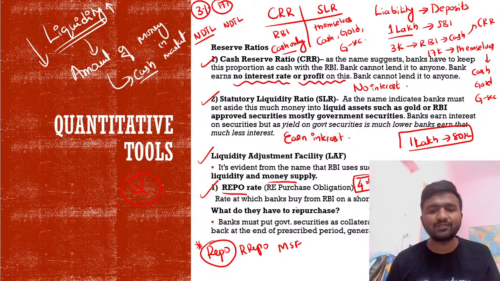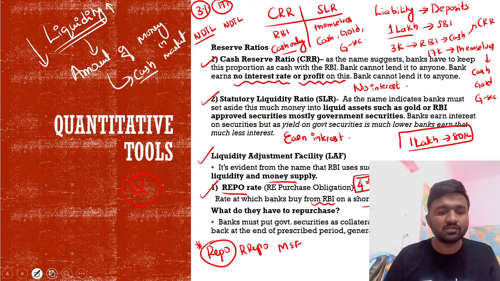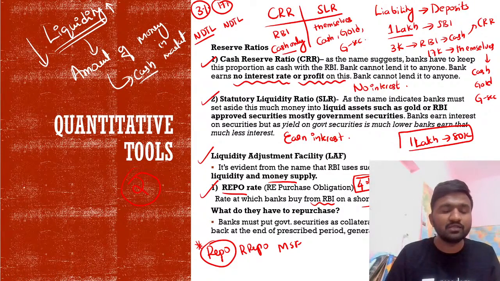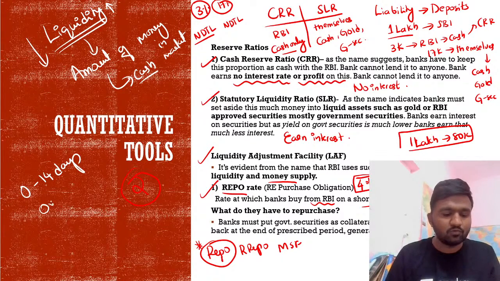Repo is the rate at which banks borrow from RBI on a short-term basis. Usually short-term means 0 to 14 days, overnight to 14 days.